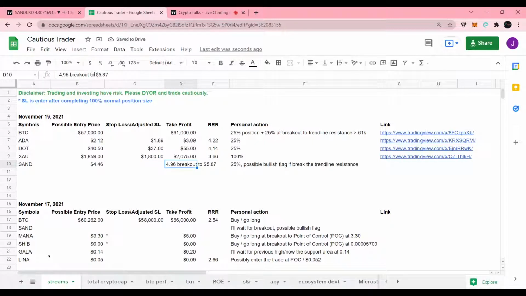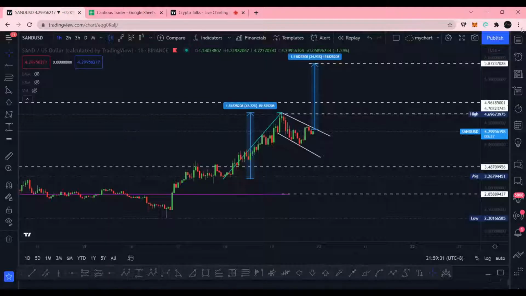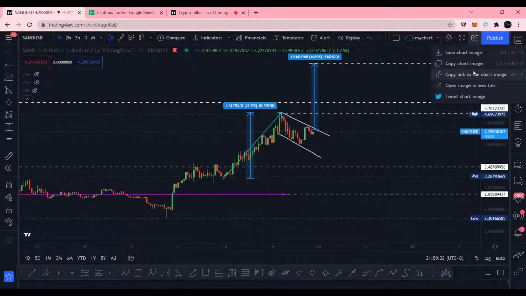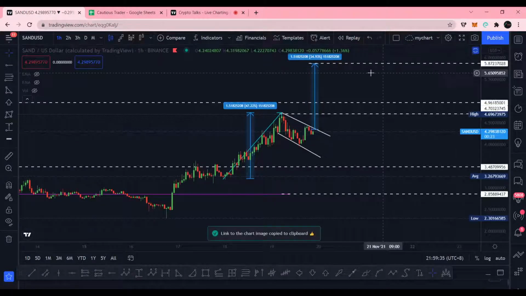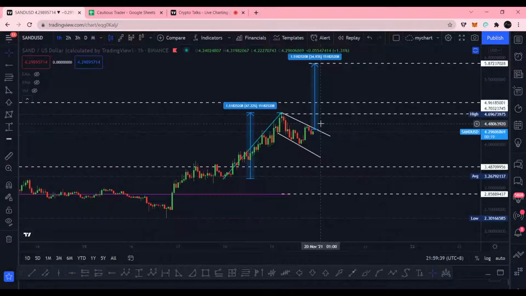Next target to that. And then I'll capture that link. So, antayin ko na lang siya, di ba? Antayin ko na lang siya na mag-break out.